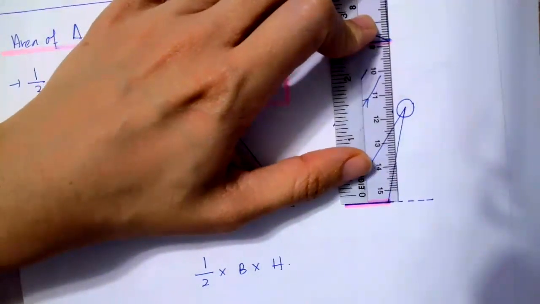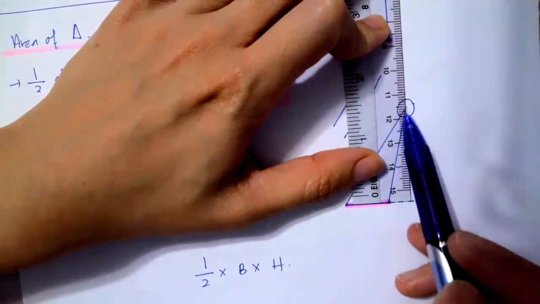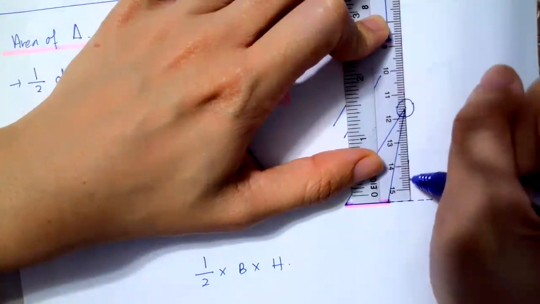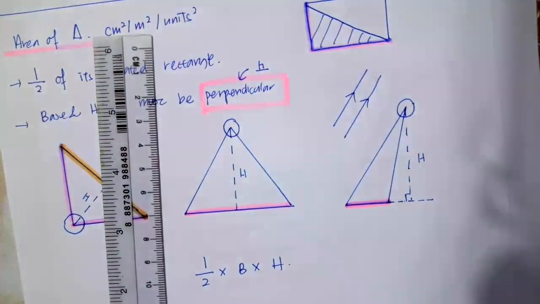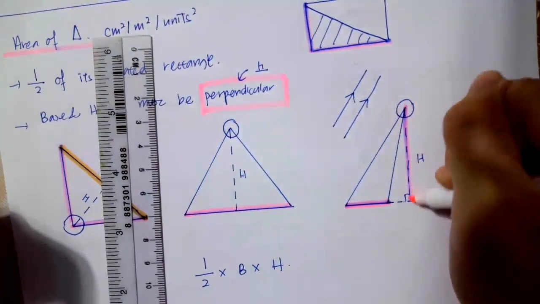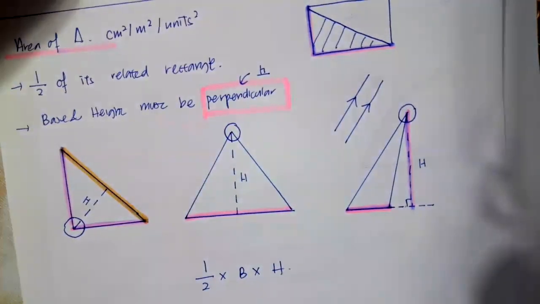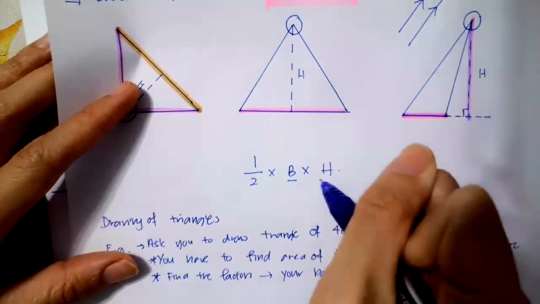I slide my ruler until it hits the highest point of the triangle from here, and then I draw this line down. This will be the height because the right angle is here. So this will be the height of the triangle. Okay, simple. So simply to find the area of a triangle is half times base times height.